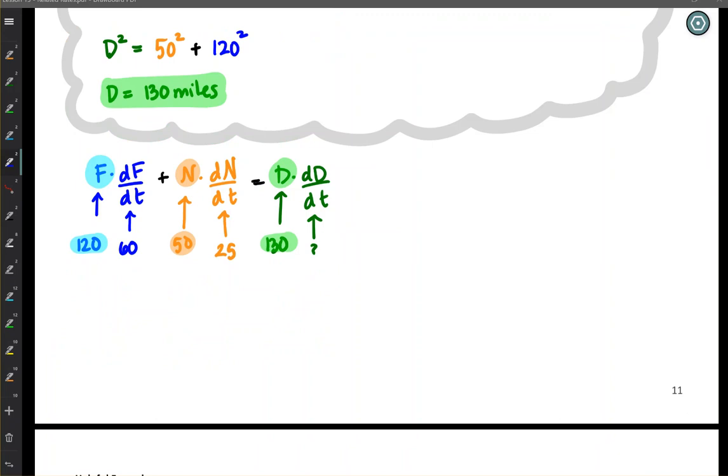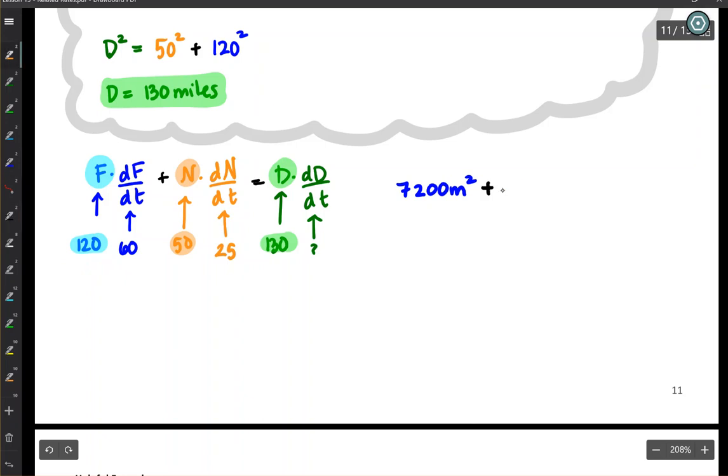Okay, so we've got 120 miles times 60 miles. That gives me 7,200 miles squared. Just multiply those two together.